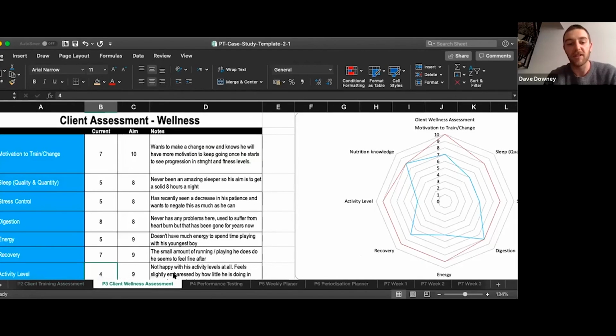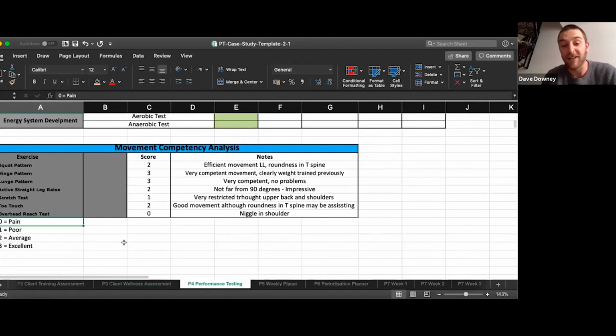Yeah, so ideally someone is a 10 out of 10. That would be fantastic, but it's very difficult to get that, especially if you haven't trained in so long. When you're looking at your squat pattern, you're grading what the movement competency is like, and you're going off poor, average, or excellent.